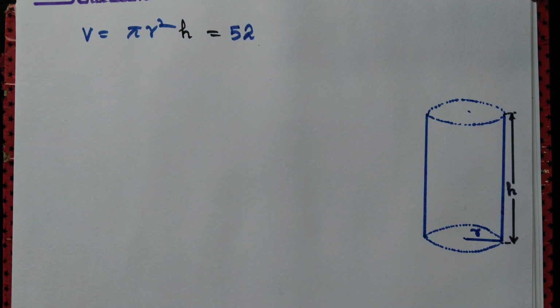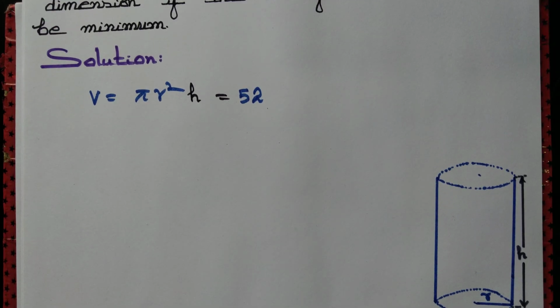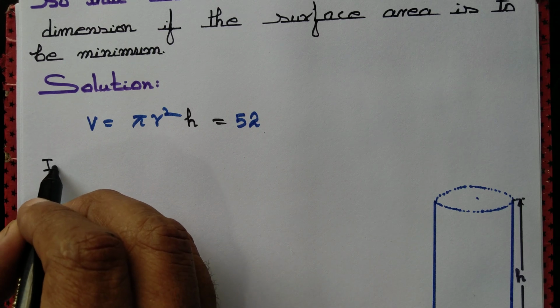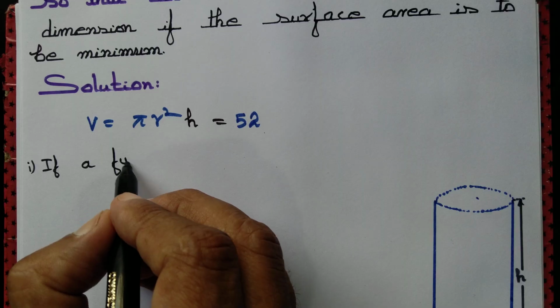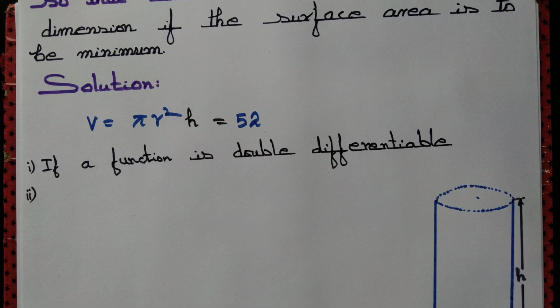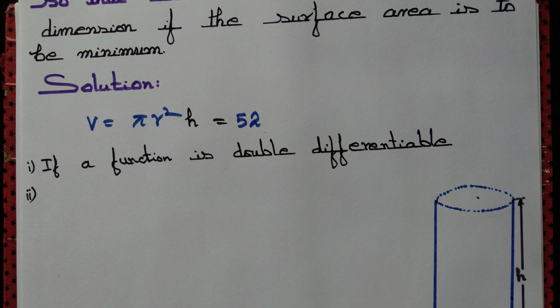And then we want to minimize the surface area. We will apply the second derivative test. What does the second derivative test say? First, the function must be double differentiable. Whatever we want to minimize, we write as a function that is double differentiable.